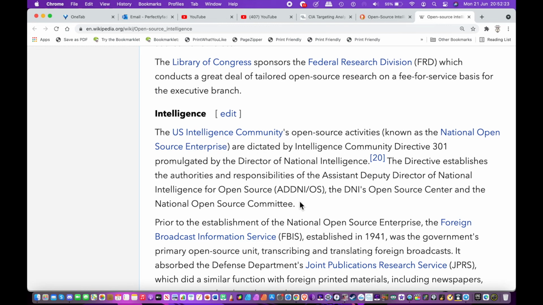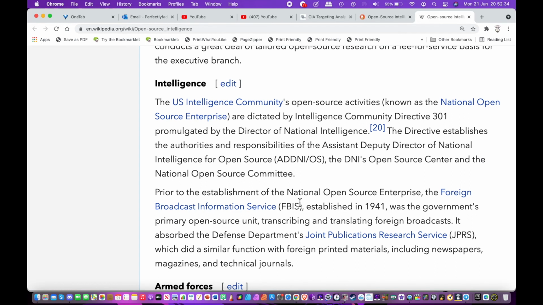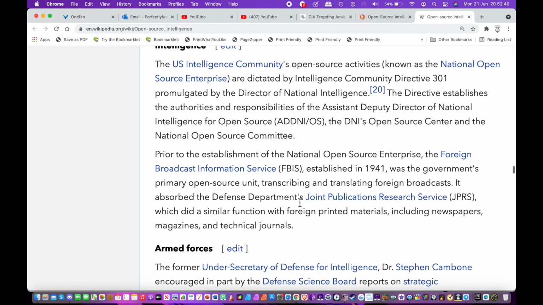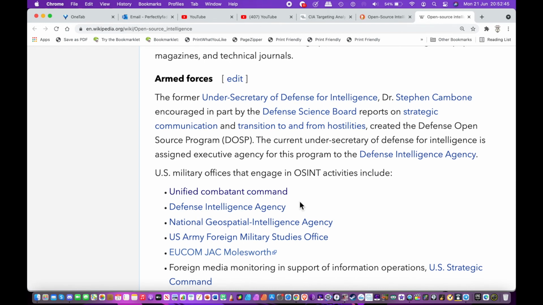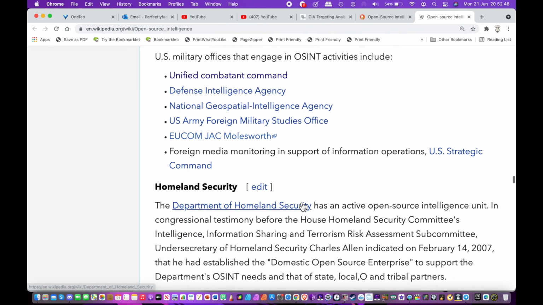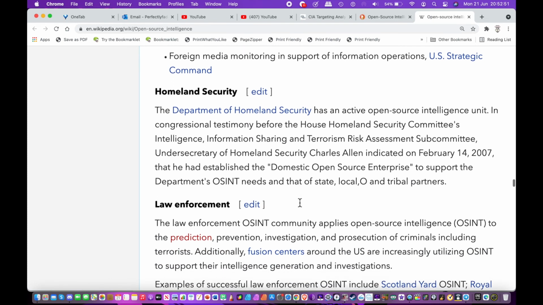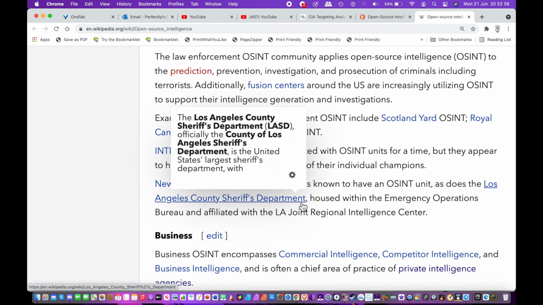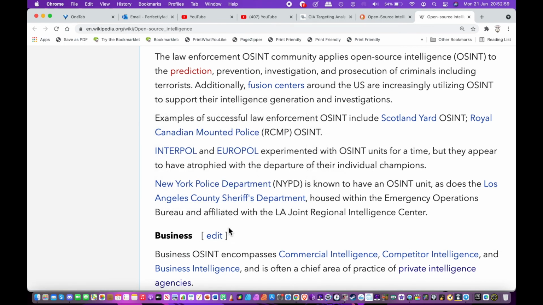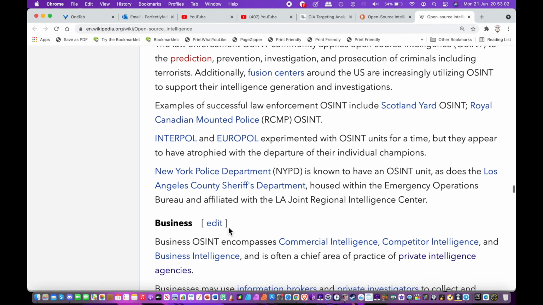The Director establishes the authority and responsibility of the Assistant Deputy Director of National Intelligence for Open Source, the DNI's Open Source Center, and the National Open Source Committee. Okay, yeah, I think we read that. So it's used in the armed forces as well, and Homeland Security as well, and in law enforcement, as in Interpol, the police, things like that.